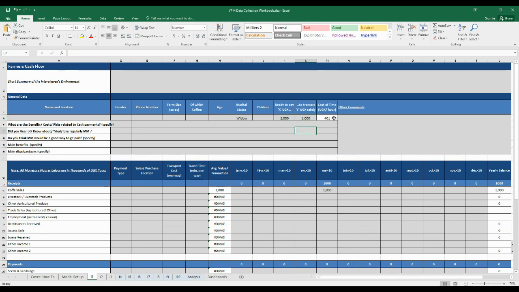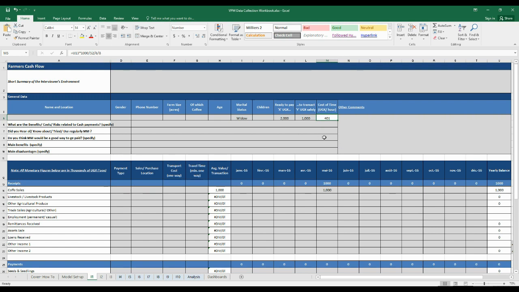The next thing here, this is a white cell, which means that it has a formula that should not be edited. This is the cost of time for that interviewee. So the way that one is calculated, it looks at U13, which is here. So that's basically the total amount that the interviewee receives over the course of the year, divided by 52 weeks, 6 days a week, 8 hours a day.